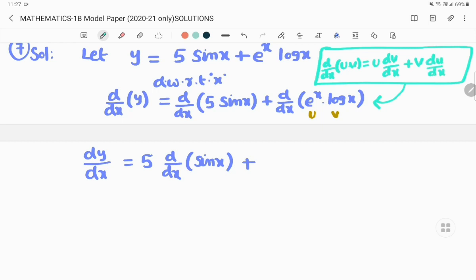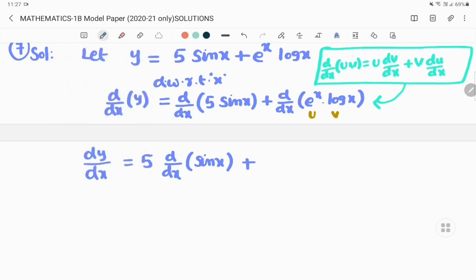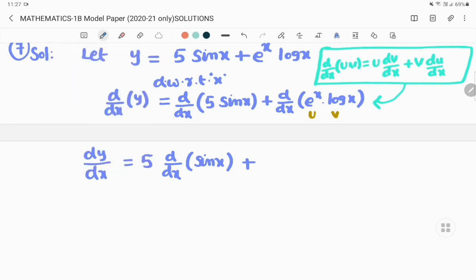So this formula we are going to apply now. So e power x into d by dx of v, dv by dx, v means what? Log x, plus log x into d by dx of e power x.